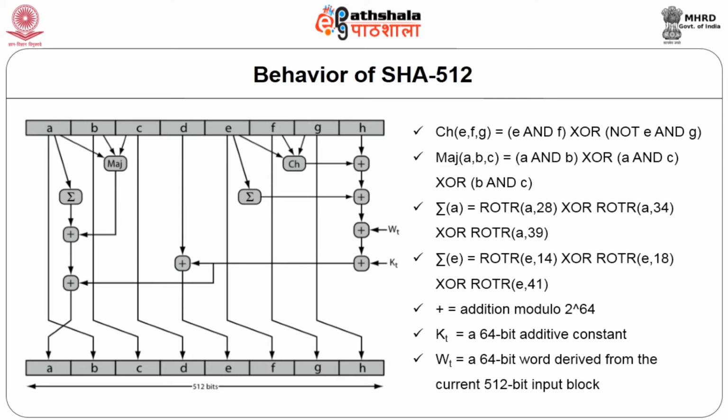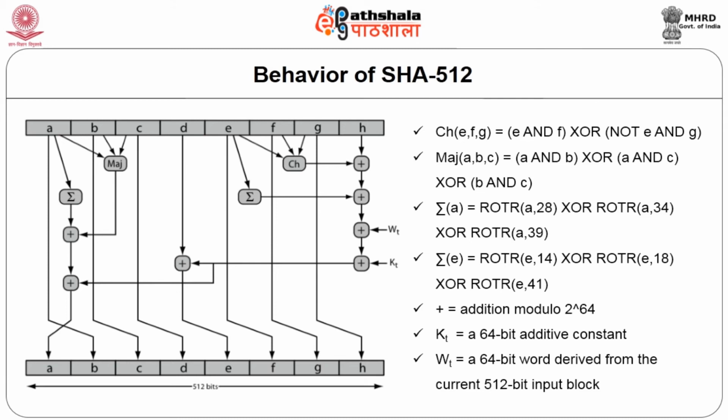So in each round we have T1 and T2. What do T1 and T2 say? H, that means the content of register H. We will be applying the function CH on whom? On E, F and G, the content of the E, F and G registers. What does the CH function do?